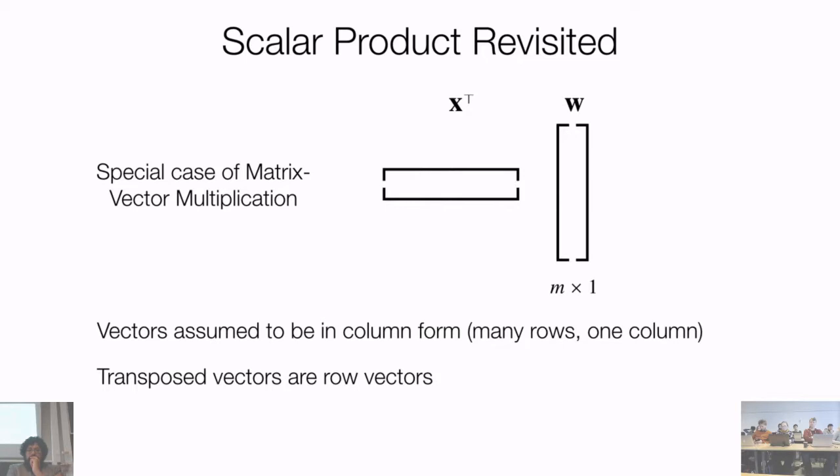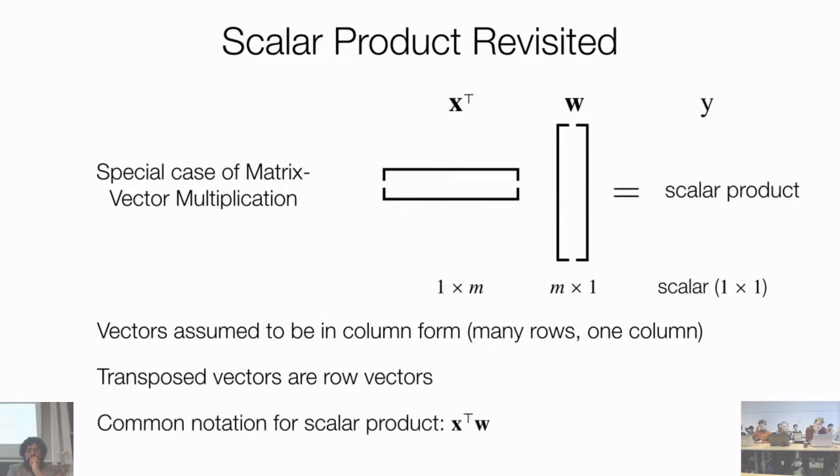Again, since scalar products require two vectors of the same dimension, if we're taking the scalar product between W and x, we know that x is an m by 1 matrix, and therefore x transpose is a 1 by m matrix. And so as a result, we can think of a scalar product simply as the matrix product of x transpose W. And the output is Y, which is a scalar.